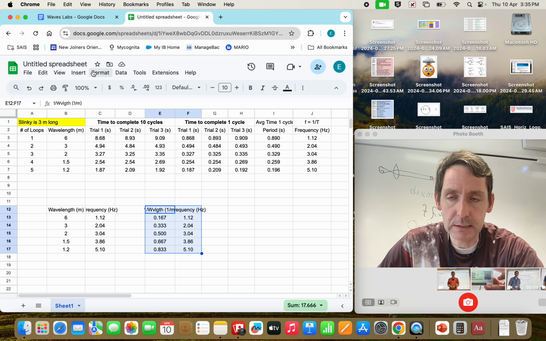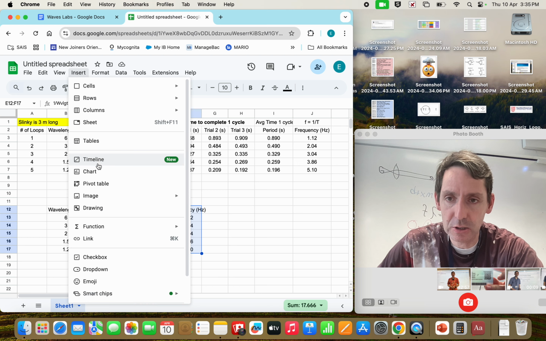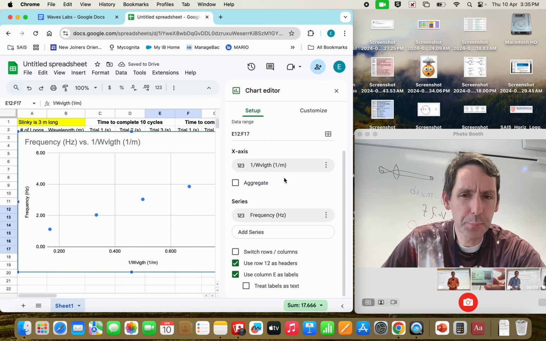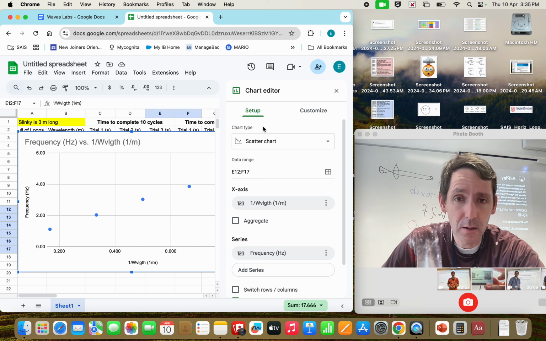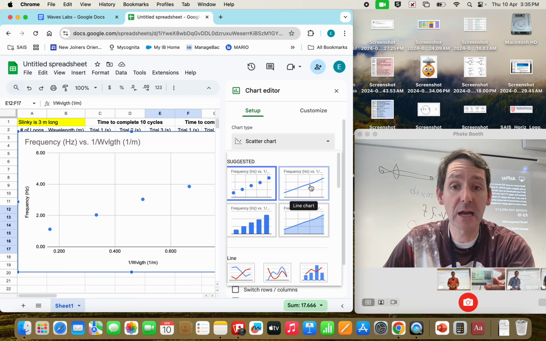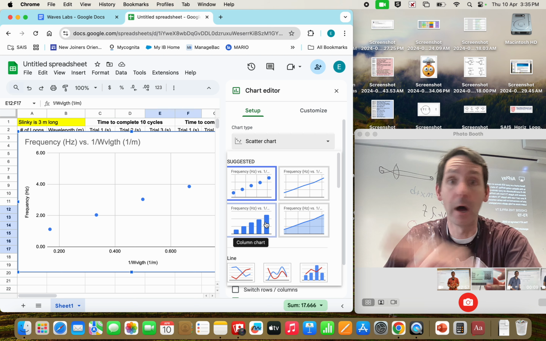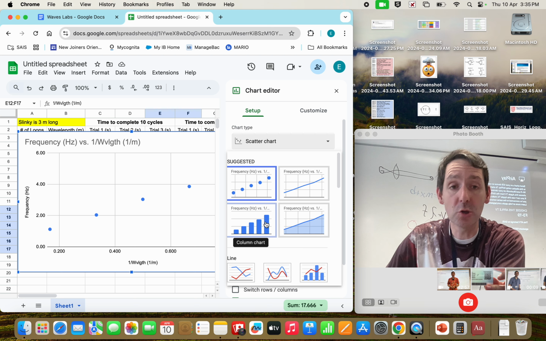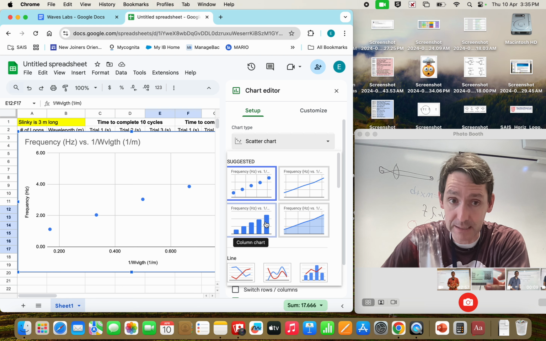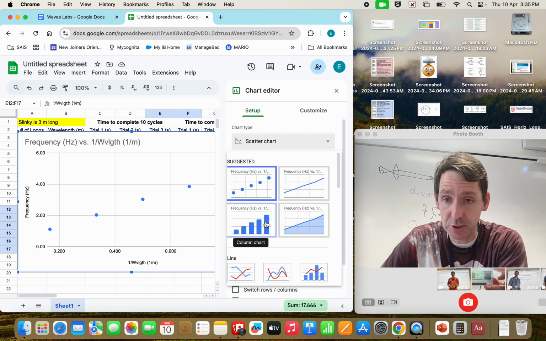I'm going to go Insert, Chart. By the way, please notice that I am using a scatter plot here, a scatter chart. If it tries to give you a line graph, tell it no. If it tries to give you a bar graph, tell it I'm not doing that. I am using a scatter. Anytime you're finding a relationship, you should be using a scatter plot, not any of these other types of graphs.